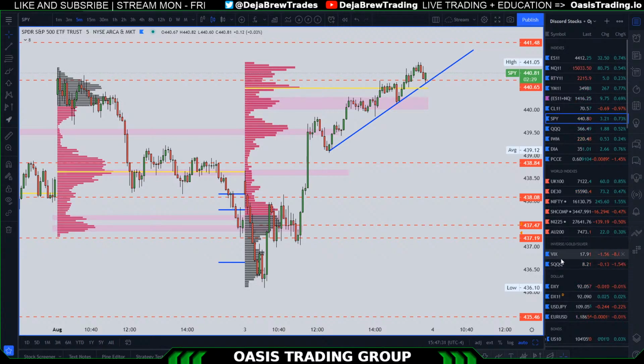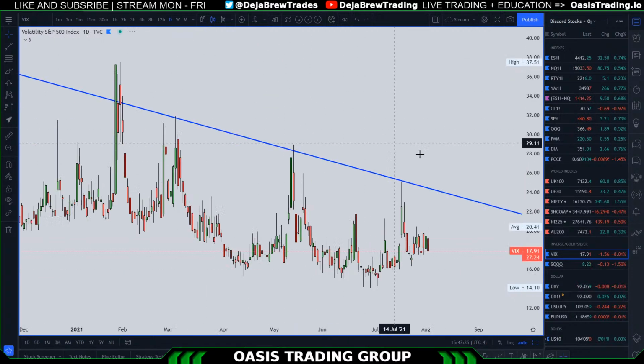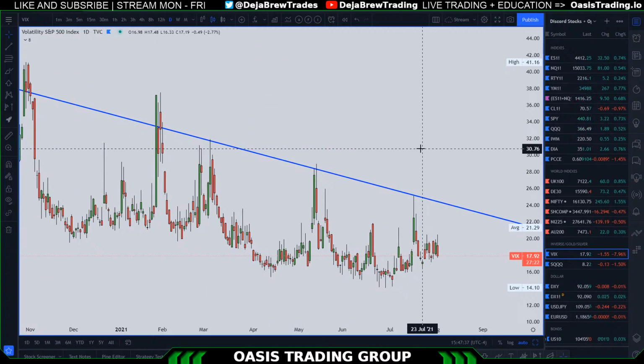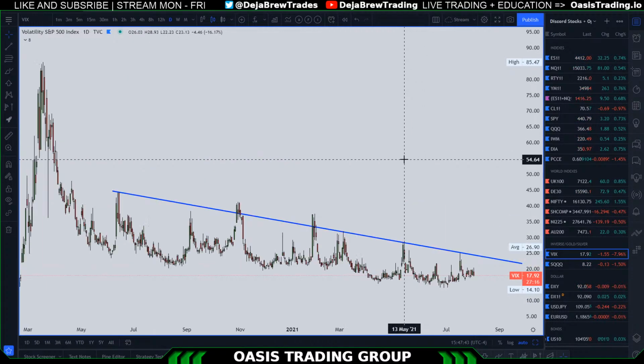As you can see with VIX, VIX is down to 18. VIX below 20, it doesn't care. VIX below 20, like 22, it does not care about COVID.